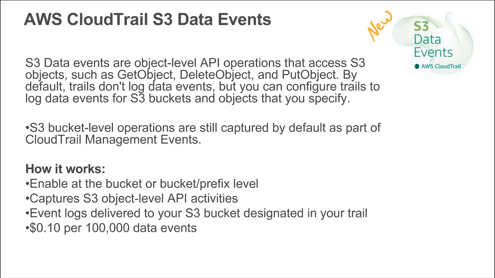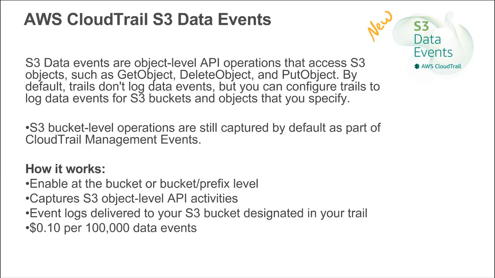Now let's talk about AWS CloudTrail S3 data events. Data events are object-level API operations that access S3 objects, such as GetObject, DeleteObject, and PutObject. Basically, you can start tracking any changes, any CRUD operations to your objects within a bucket, and then analyze that information for troubleshooting purposes as well as for governance use cases.